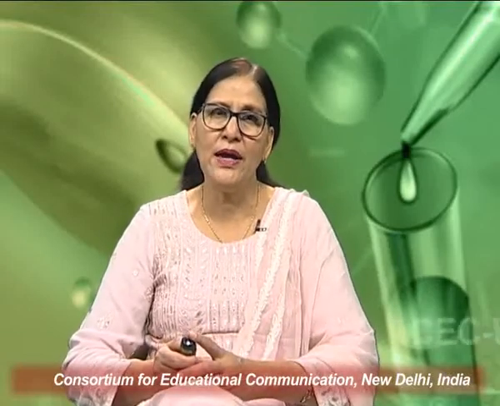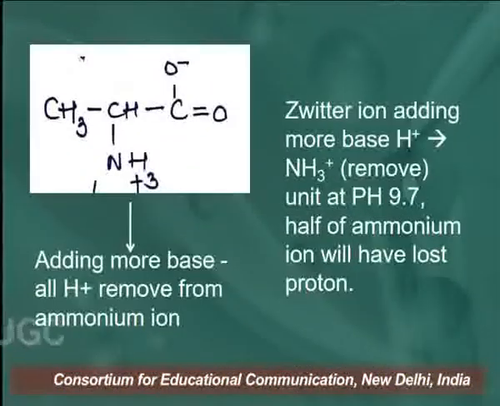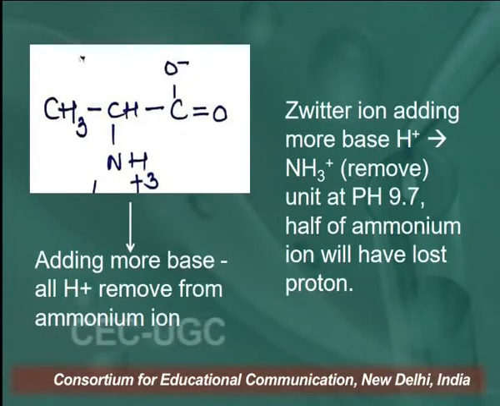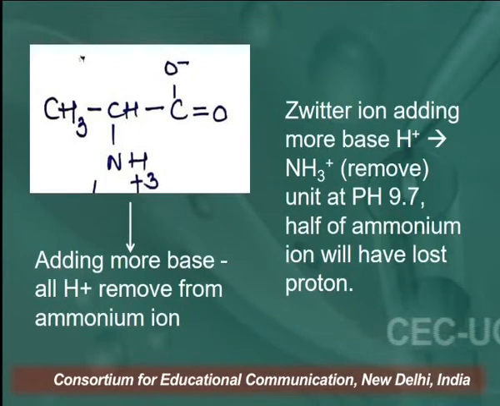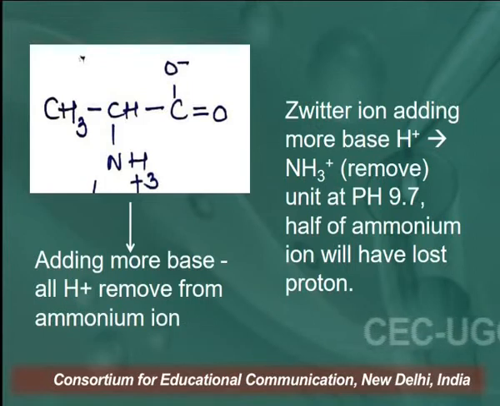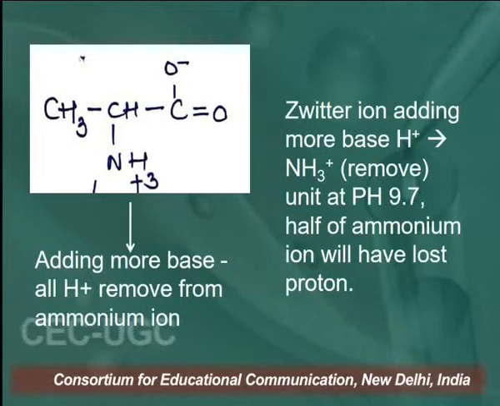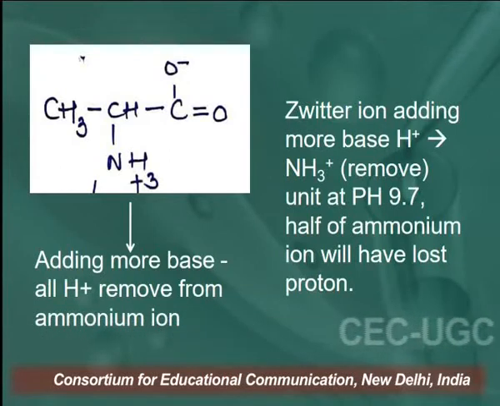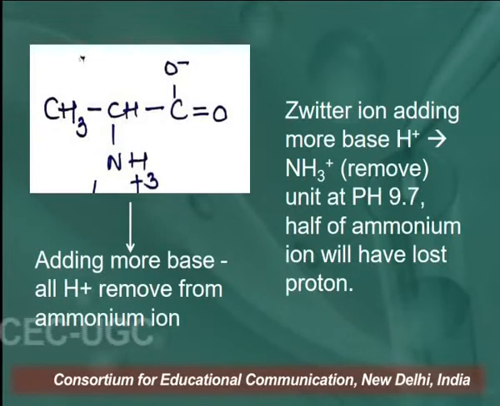Similarly, here you are looking at this Zwitter ion, and we are adding more base. When we add more base, what happens? From the NH3 ammonium ion, deprotonation starts until the pH of the solution reaches 9.7, and half of the ammonium ions will have lost a proton. So here, adding more base, all H is removed from the ammonium ions.